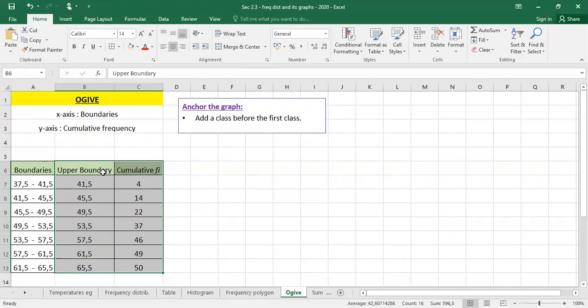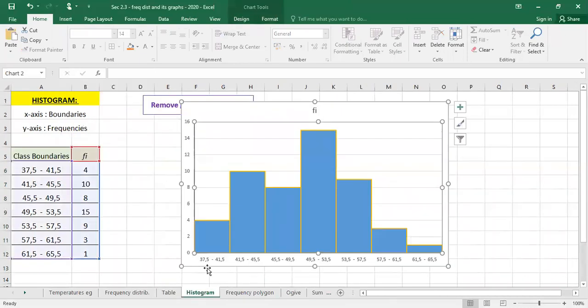We will adjust this just now, because I'm going to show you on your histogram, you did it as categories. Let's go back to our histogram. Notice we chose it as a category: the category 41.5 to 45.5, the category 45.5 to 49.5.